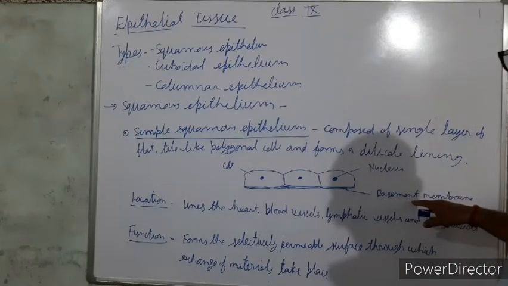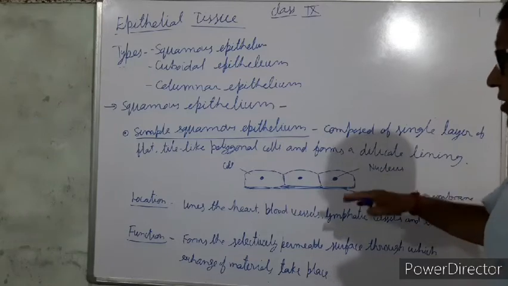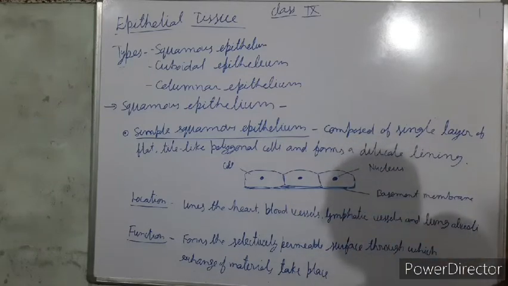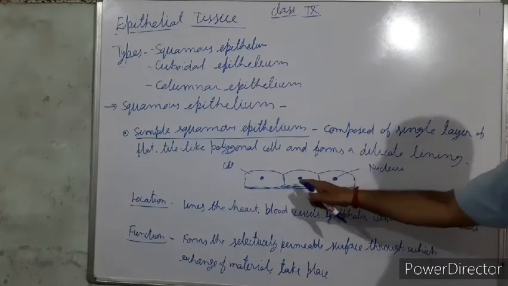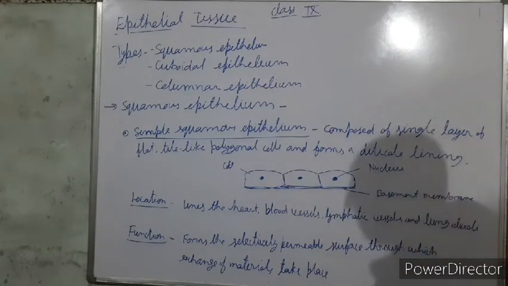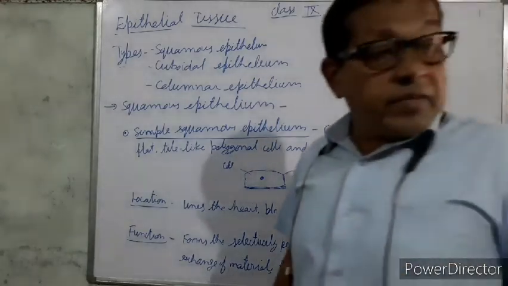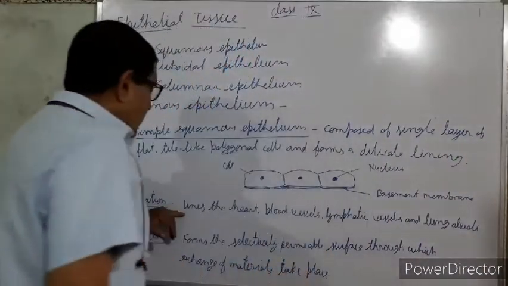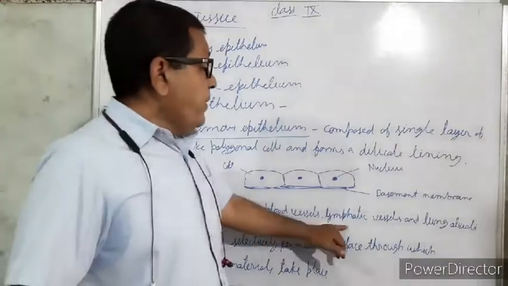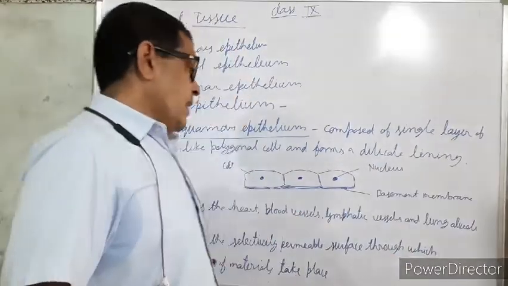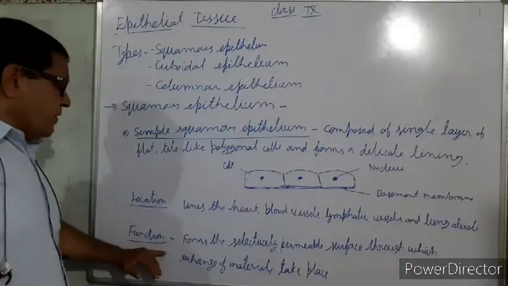It has a basement membrane on which the cell is kept, and the nucleus, cytoplasm, and cement material. Location where it is found: it lines the heart, blood vessels, lymphatic vessels and lung alveoli. Now next is function.